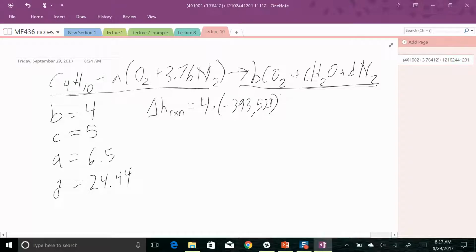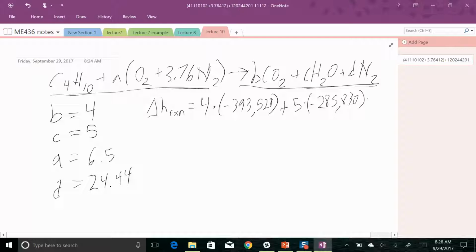And then I'm going to add to that the heat of formation of water. So I have 5 moles for C multiplied by negative 285,830. Sorry, and the units on all of these are going to be kilojoules per mole.